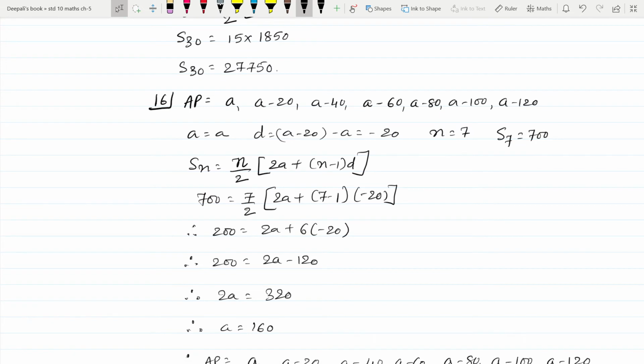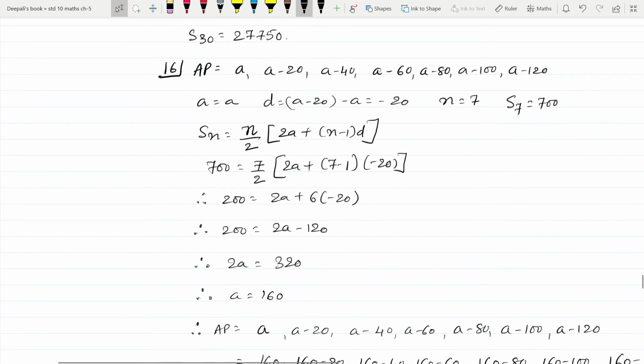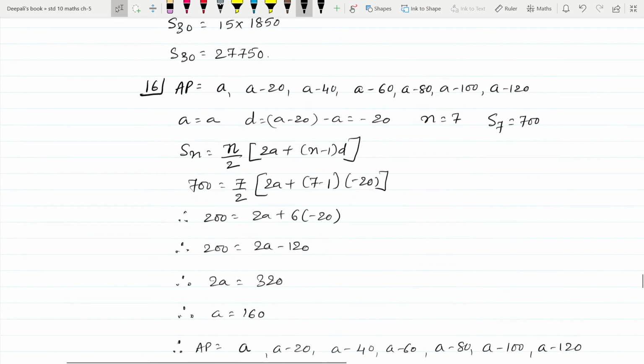The question is, a sum of rupees 700 is to be used to give 7 cash prizes to students of a school for their overall academic performance. If each prize is 20 less than its preceding prize, find the value of each prize. Now here you can suppose your AP as A, A minus 20, A minus 40, A minus 60, A minus 80, A minus 100 and A minus 120.